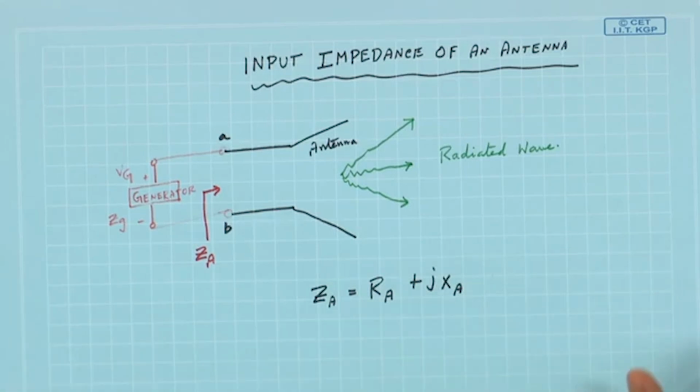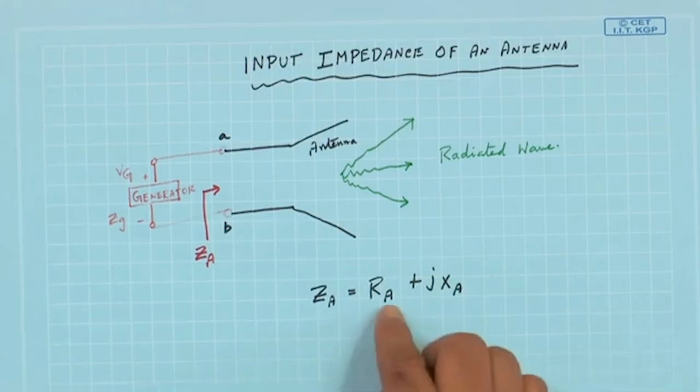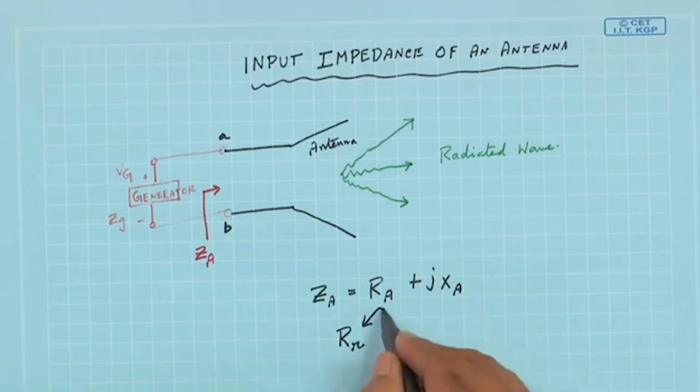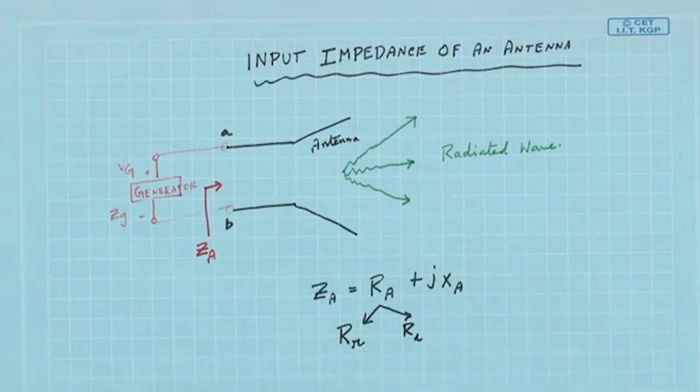Now, for simple antennas, the two parts will have a radiation resistance, and also a loss resistance. So, radiation resistance is not a loss mechanism, it is actually the radiation that is taking place.